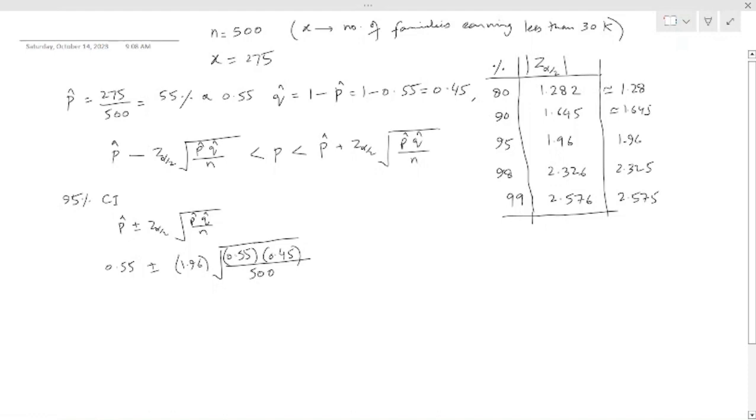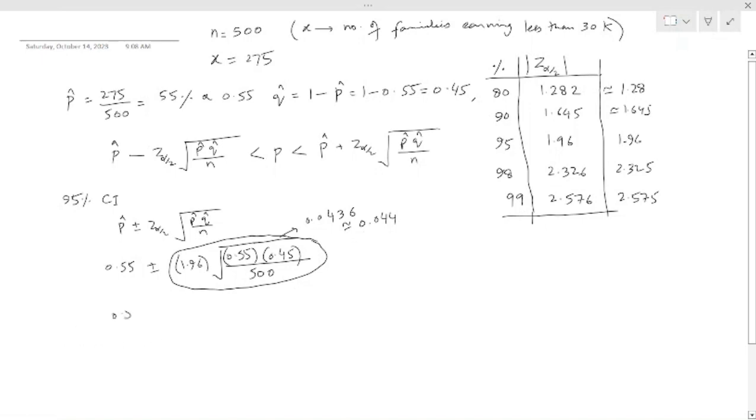When we multiply this by 1.96, the z value, we get 0.0436, which we can round off to 0.044.